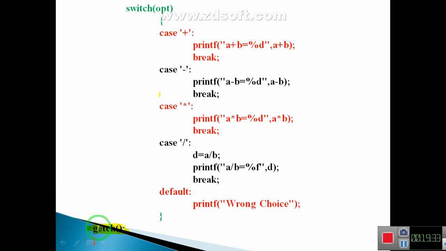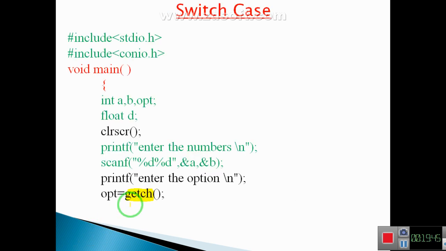The reason is getch is waiting to read one character. If I press any one key, that input is provided, then the program execution is terminated. So this is also one of the input statements, but we use it for the purpose of making the output visible. Okay? Thank you.